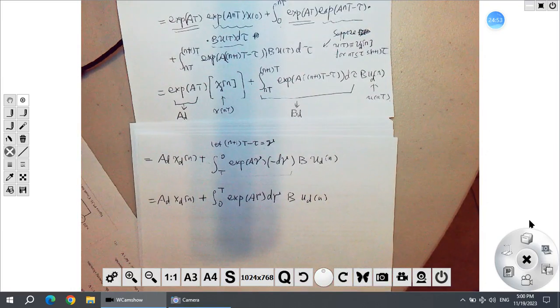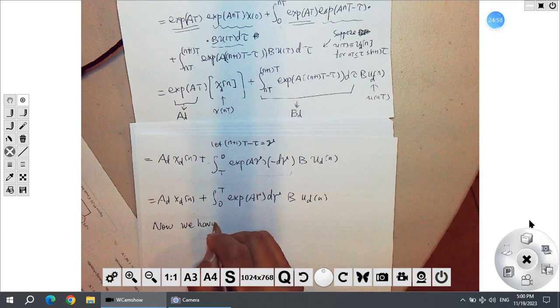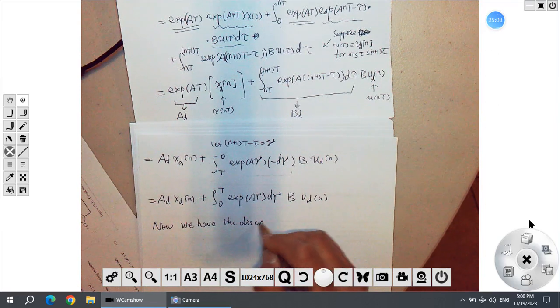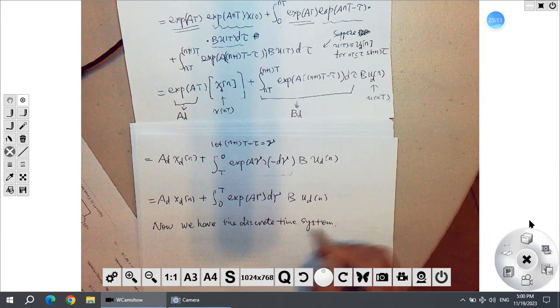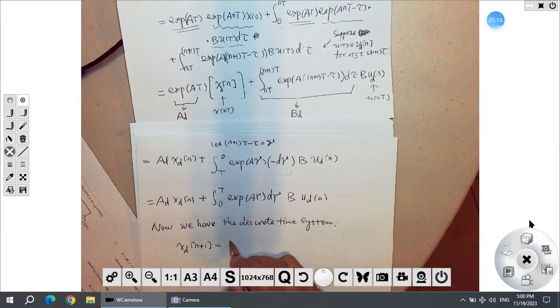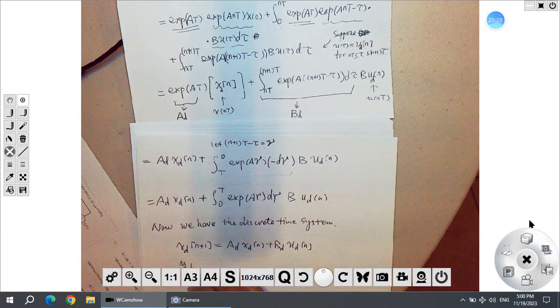Alright, now we have the discrete time system. We have x_d of n plus 1 equal to a_d times x_d of n plus b_d times u_d of n, and y_d of n.